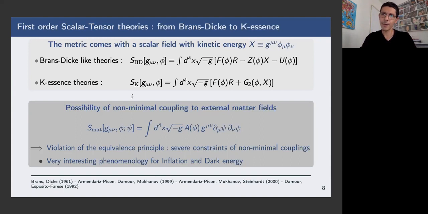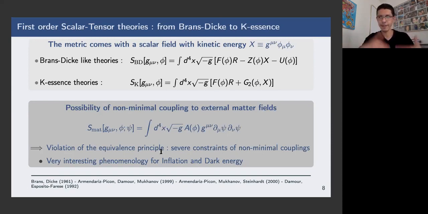But one important physical consequence of considering K-essence theories is that we can have a non-minimal coupling to external fields. So for instance, if you consider an external field psi, then you can get this kind of coupling, psi with a function of phi. This is a non-minimal coupling.